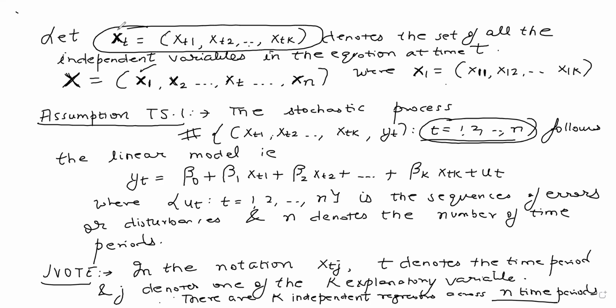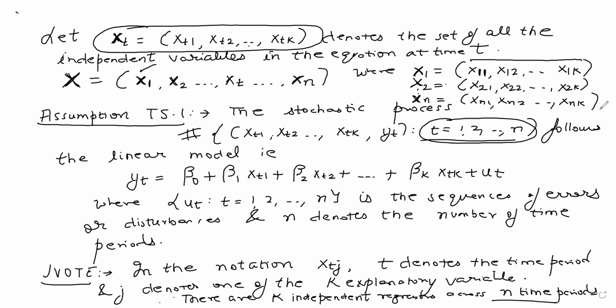So x1 is the vector at time period 1, that's x11, x12, x1k, the set of all possible regressors in time period 1. X2 is the vector in time period 2, which consists of the set of all possible regressors at time period 2, which is x21, x22, dot, x2k. And dot, xn is the vector in time period n, which takes values xn1, xn2, dot, xnk.